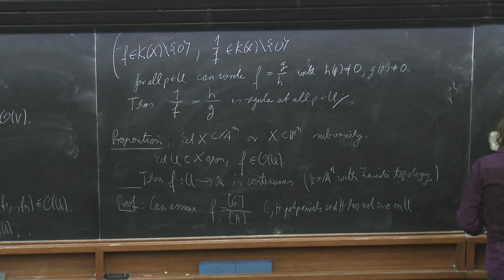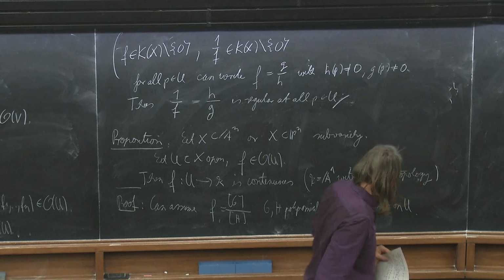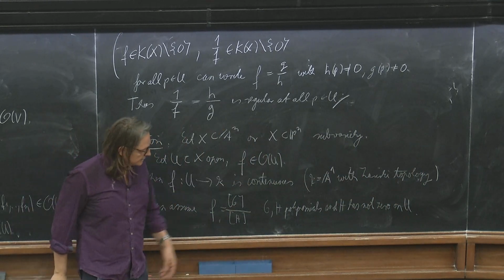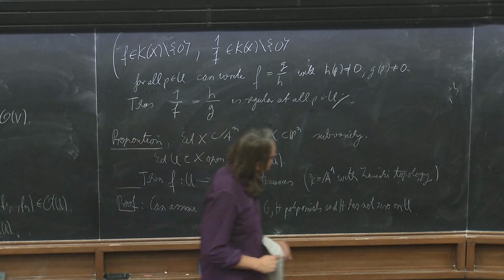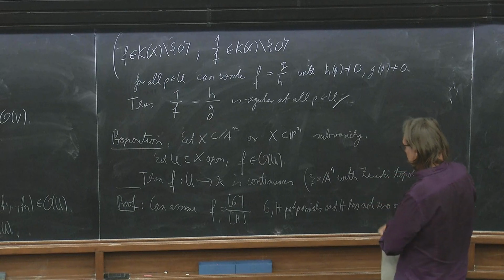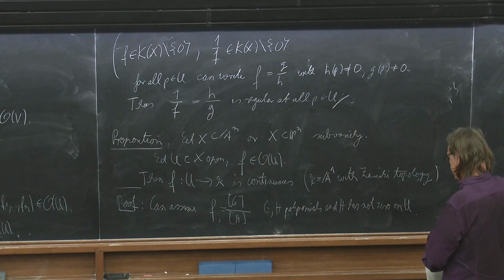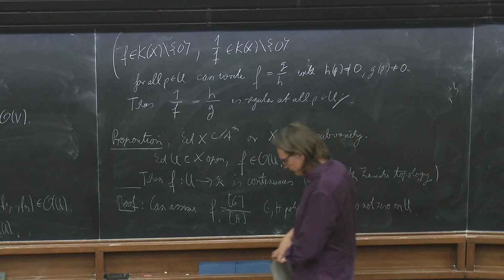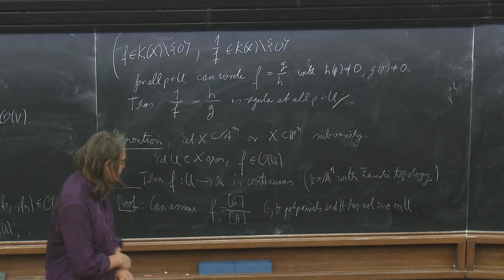And then, to say that this map is continuous is not such a big deal because of what the Zariski topology is like. We know that the closed subsets in the Zariski topology are just A^1, the empty set, and the finite sets. So obviously the inverse image of the empty set is the empty set, which is open.